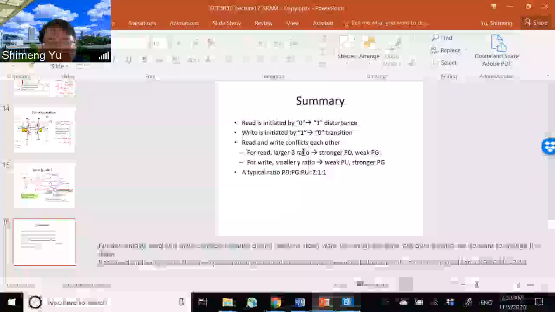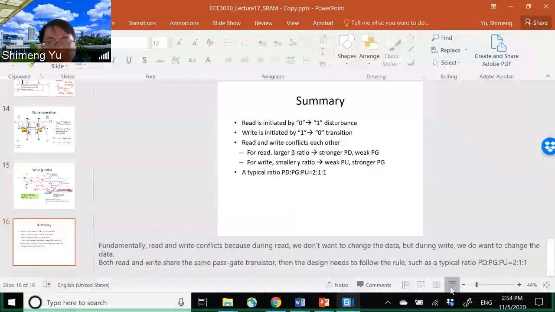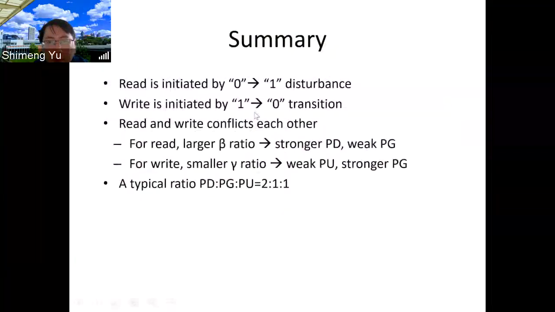And then for the write, as we discussed, the N2 node 1 to 0 transition should happen first. And then the 0 to 1 will follow. And actually, you will see there's a fundamental conflict between the read and write. Why is that? Because for the read, we need a large beta ratio, larger than 1, which means we want a stronger pull-down, weaker cascade.